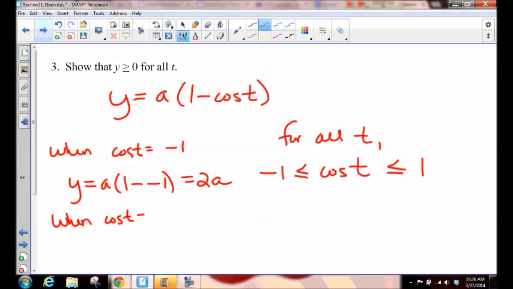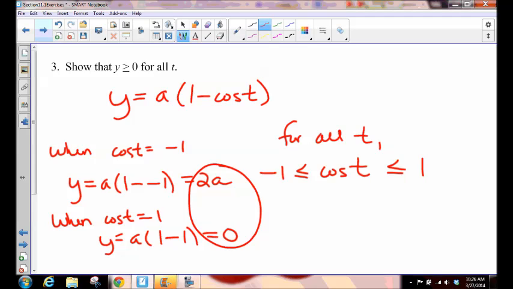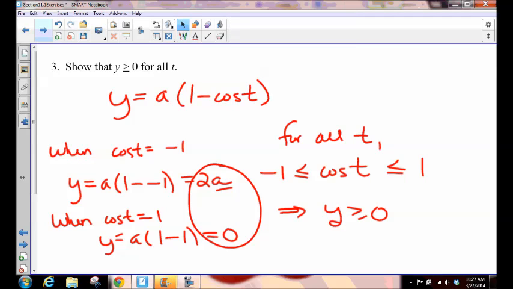And when cosine t is equal to positive 1, y is going to be a times (1 minus 1), or 0. So really, y is bounded by 0 and 2a. And because a is greater than 0, that tells us that y is greater than or equal to 0.